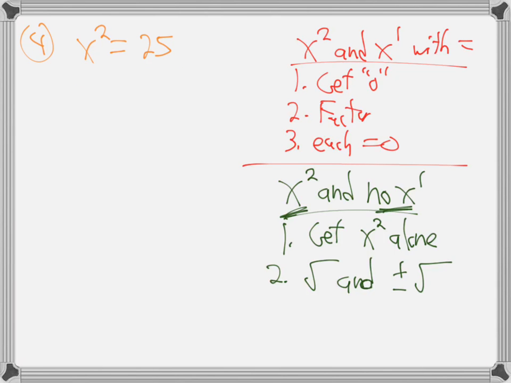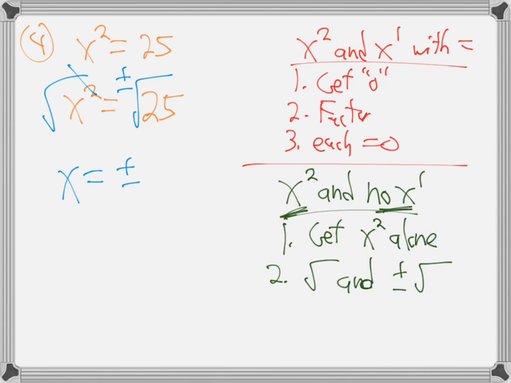So that's all you need to do. I'm going to put root and plus or minus root. Just a quicker way. You don't have to get 0 and factor and all that stuff. The root cancels the square, and we just get x.